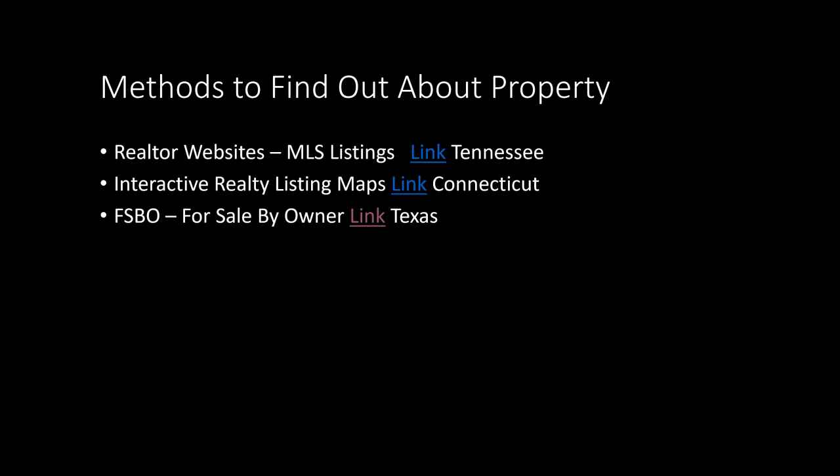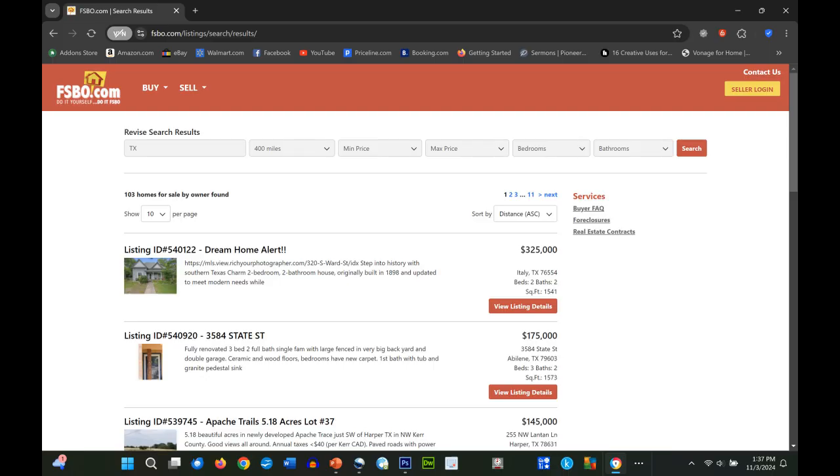And there is a website that specializes in listing these different properties that are not on the MLS. So here you can see, once again, fsbo.com is the for sale by owner website, and all of these properties are not represented by a realtor.